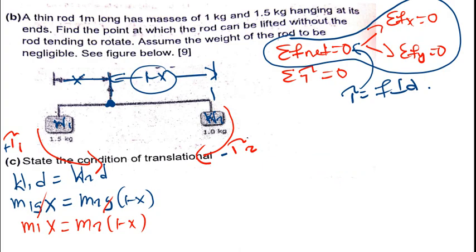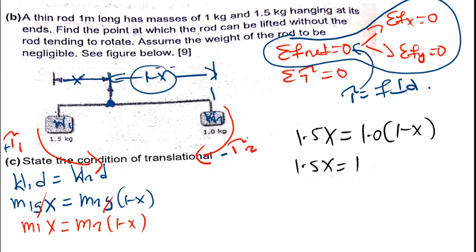What is m1? M1 is 1.5, times x being equal to m2. What is m2? M2 is 1.0, open brackets, 1 minus x. So it will be 1.5 x being equal to 1.0 times 1, which is 1.0, then minus x.